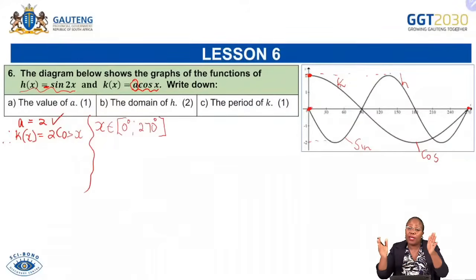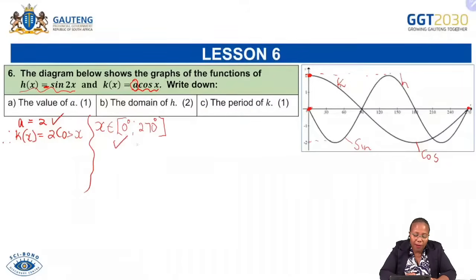That is the domain, x values that lie on the graph. And then it's 1 mark for the correct bracket and then 1 mark for the correct values there. Bracket must be square bracket because 0 and 270 are part of that graph. They are part of our graph, grade 12. The values are included.